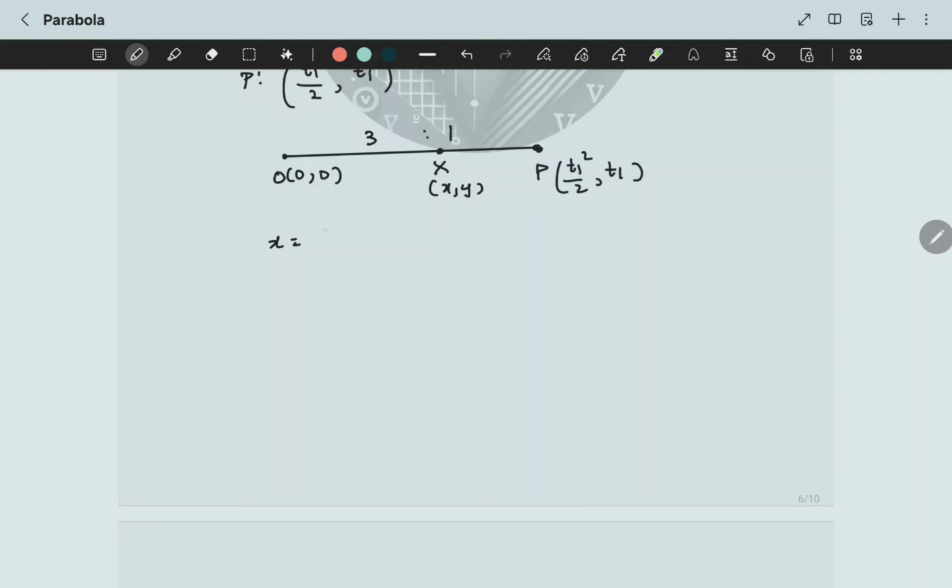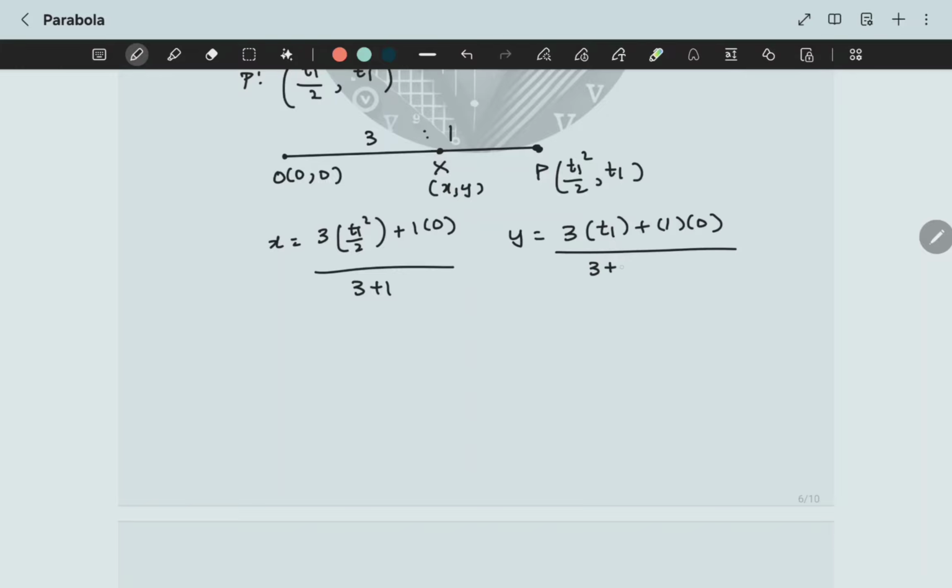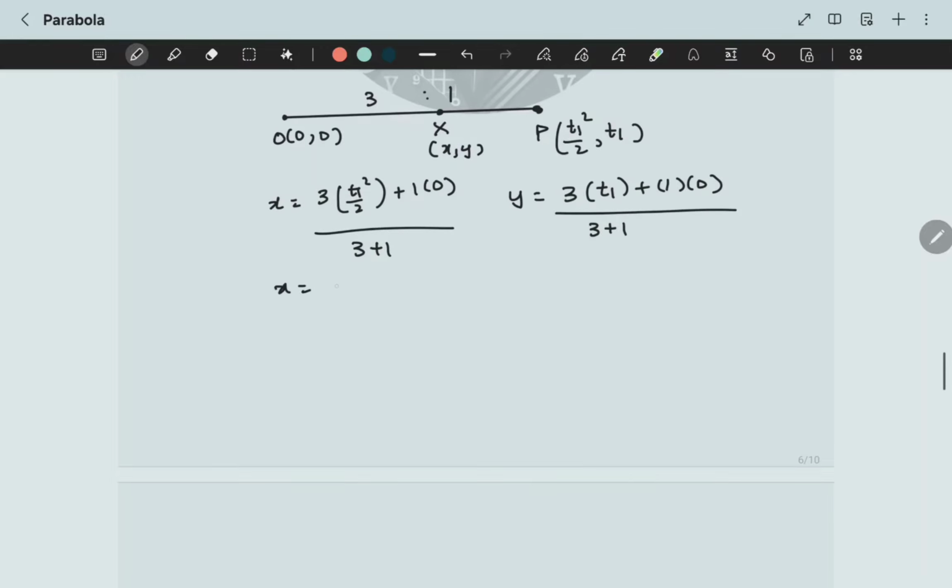Now if I apply the section formula, mx2 plus nx1, I get x as 3 into x2, that is 2 t1 square, divided by 2, plus 1 into 0, divided by 3 plus 1. Similarly, y will be m into y2 plus n into y1 divided by m plus n. So we get x equals 3 t1 square by 2 into 4, that is 8, and y equals 3 t1 divided by 4.